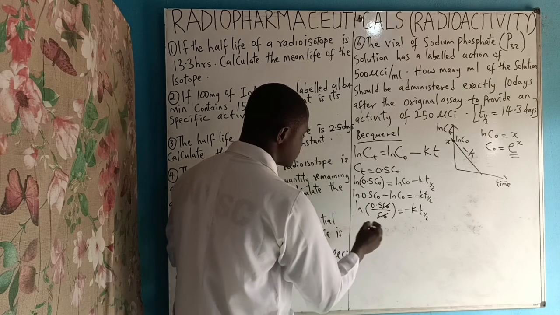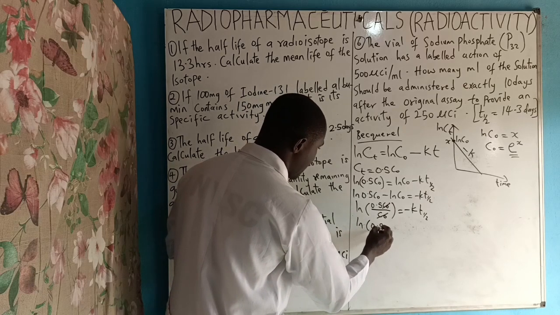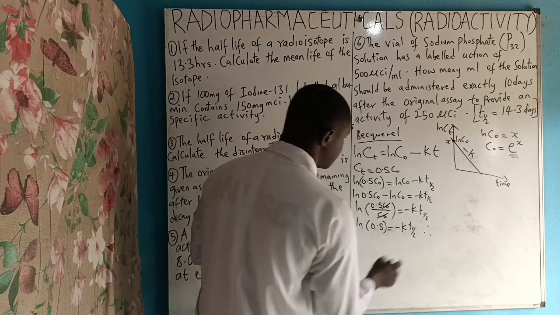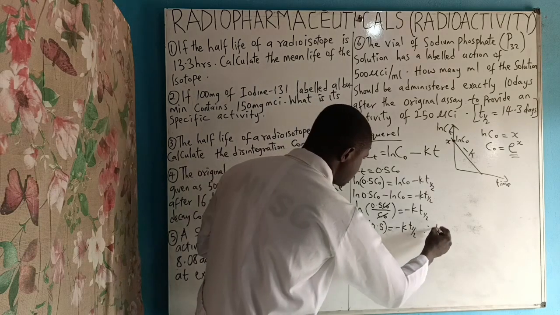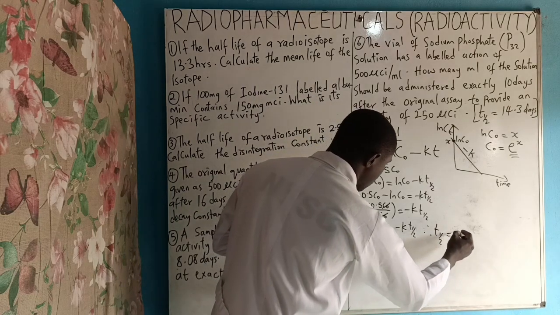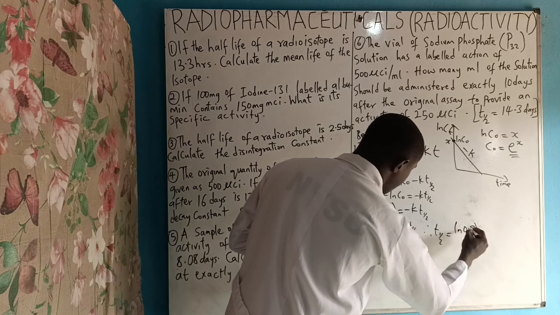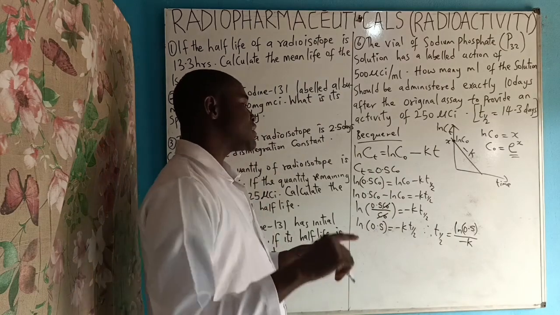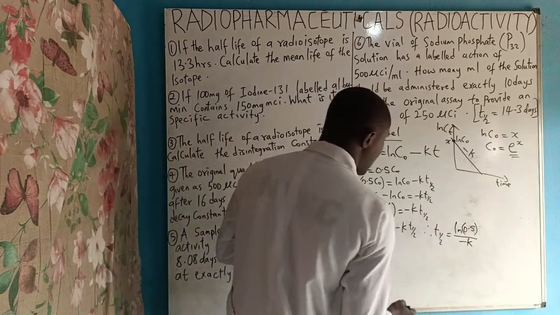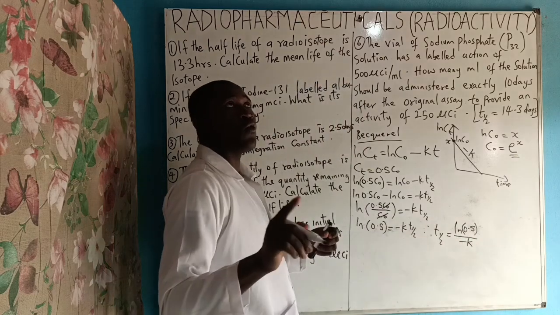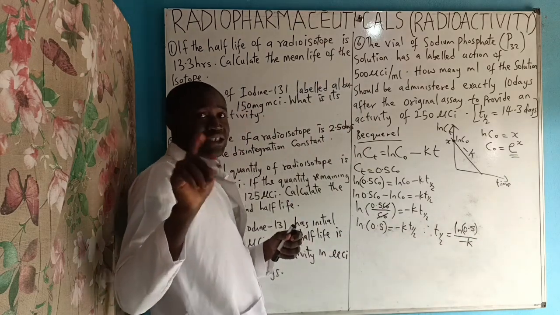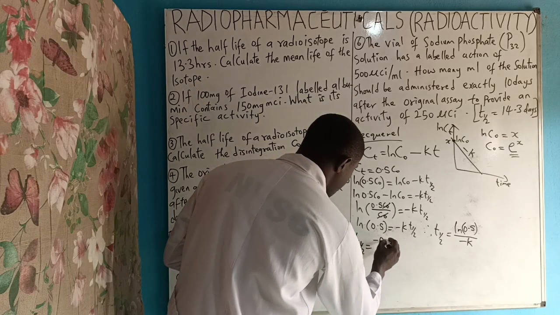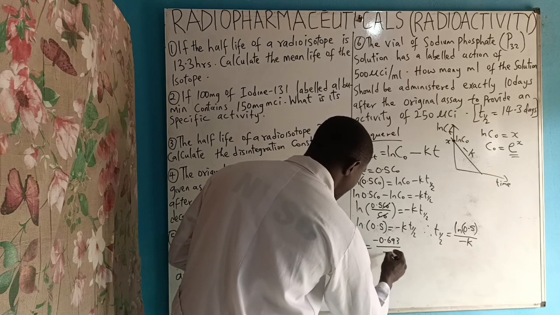This will cancel this. ln 0.5 is equal to minus kt half. Therefore, the half-life will be equal to ln 0.5 all over minus k. Now, if you press it in your calculator, ln 0.5 will give you minus 0.693. And so you say that half-life is equal to minus 0.693 all over minus k.